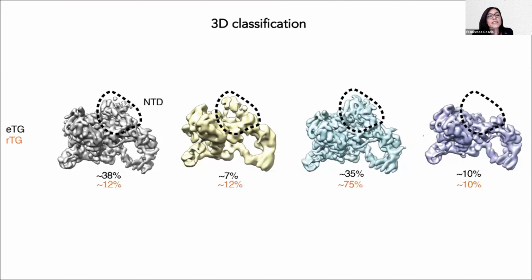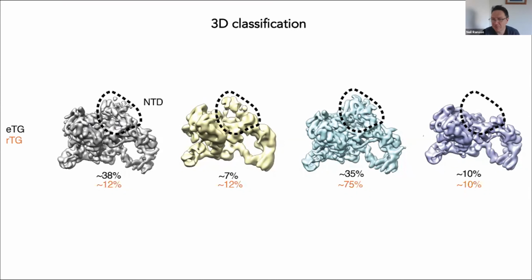This corresponds to the N-terminal domain, and there were a few classes in which it was quite flexible. So I only selected the best ones and then refined them. We still don't know what the other ones do. I tried to produce a high resolution reconstruction, but this was just with a flexible N-terminal domain. This might have some functional implications, but we still don't know.